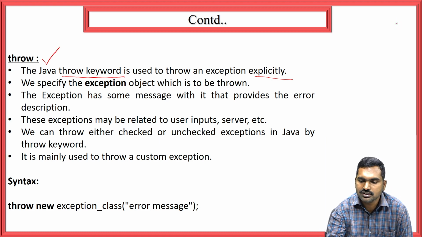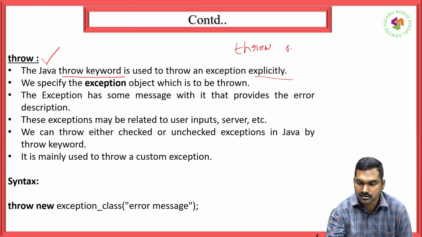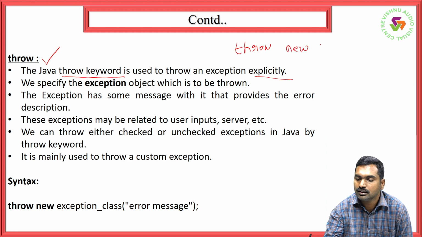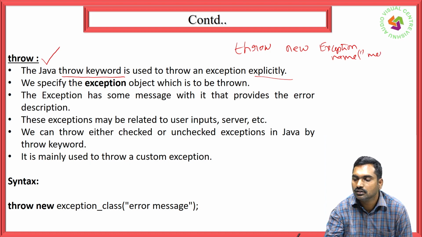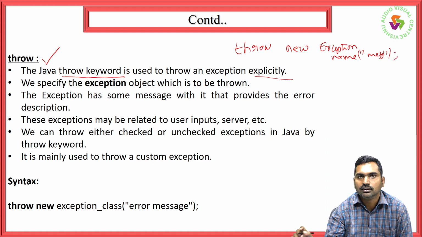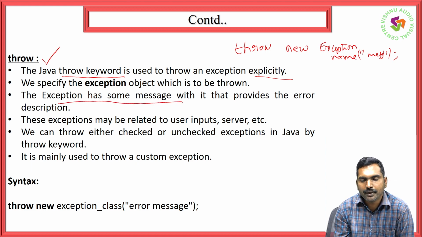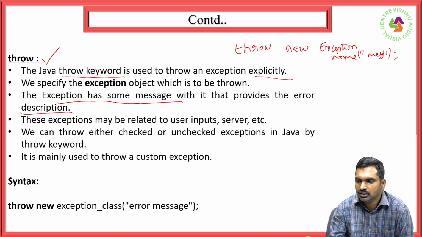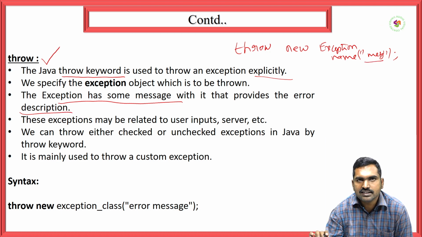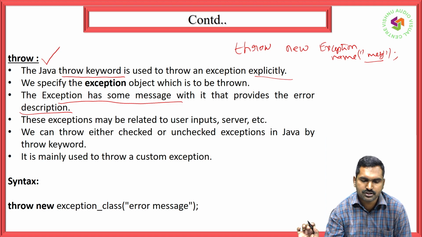The syntax is: throw is a keyword, space, new, space, exception name, followed by a message. It describes the type of exception. So the exception has a message with it that provides the error description. This message must describe the type of exception.